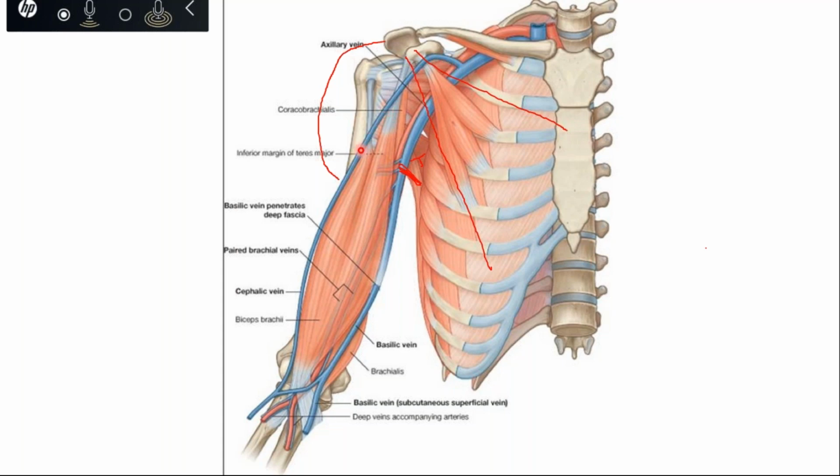What vein is that? We have already seen it, the cephalic vein. So it is joined by these brachial veins and by this cephalic vein, and then it proceeds until the lower border of the first rib, beyond which it is called the subclavian vein. Any doubts?